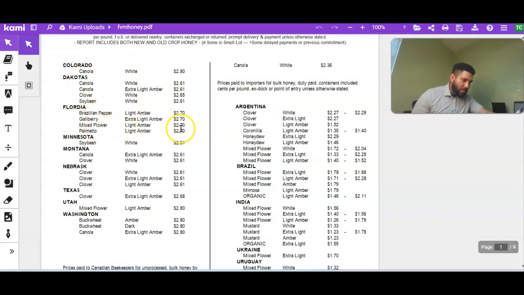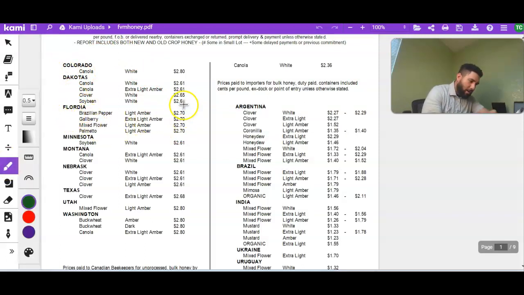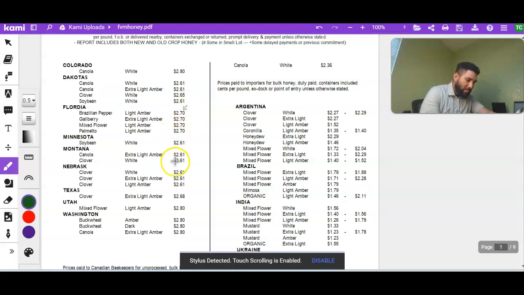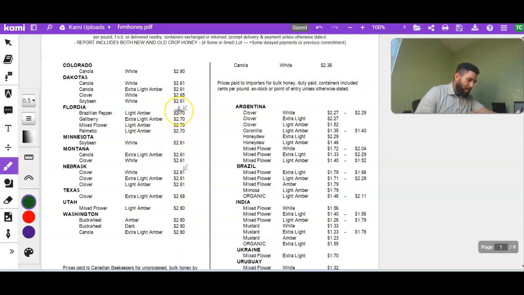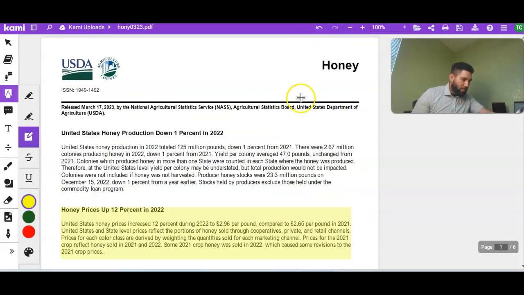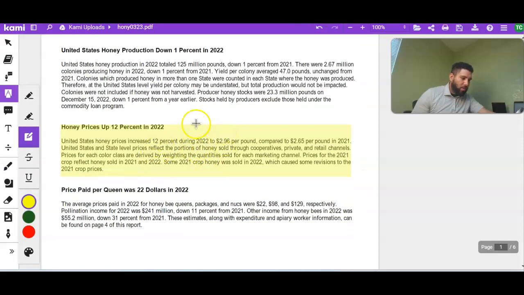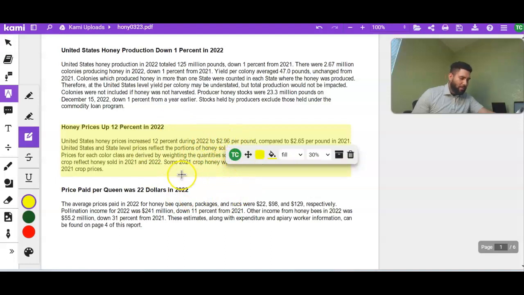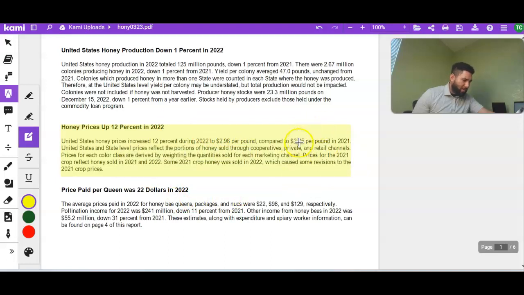So I said, okay, let me look at some of the data for bees and honey, and you could see the states and how much they sell their honey for per 10,000 pounds, $2.70, $2.61, right? It's around the $2.50 to $3 range for these different states here. And so I just chose the one for California. How much do we sell our honey for per 10,000 or per pound?